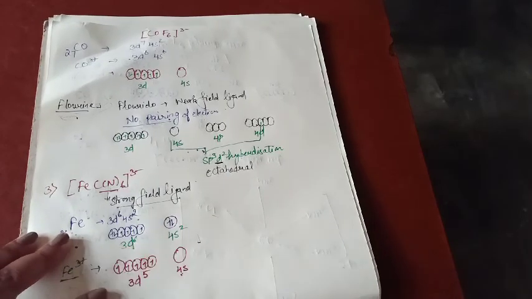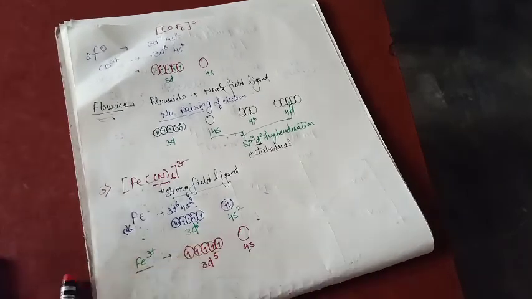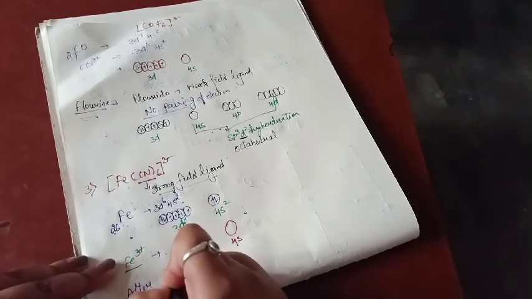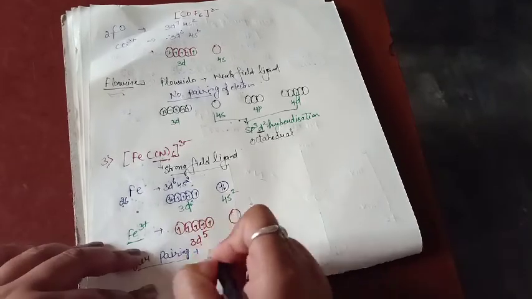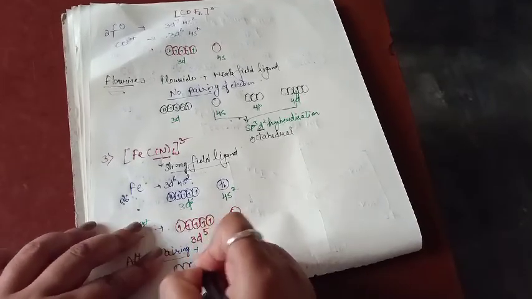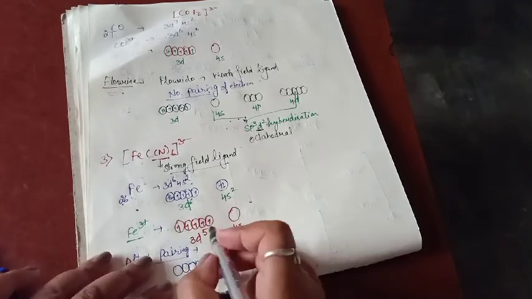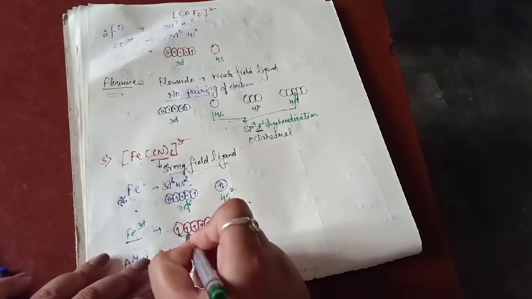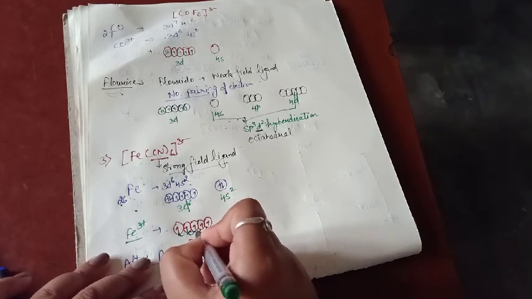Again I have told you that CN is a strong field ligand, so accordingly what will happen? The pairing will take place. So after pairing, okay, the next concept will be after pairing. आफ्टर पेयरिंग व्हाट विल हैपन? क्या होगा अब? 1 2 3 4 5 4s. ओके, सो द ऑब्जर्वेशंस व्हाट विल शो? दिस इलेक्ट्रॉन विल शिफ्ट हेयर, ये यहाँ शिफ्ट हो जाएगा, ये इसके साथ यहाँ शिफ्ट हो जाएगा और ये वाला इलेक्ट्रॉन जो है दैट विल शिफ्ट हेयर.